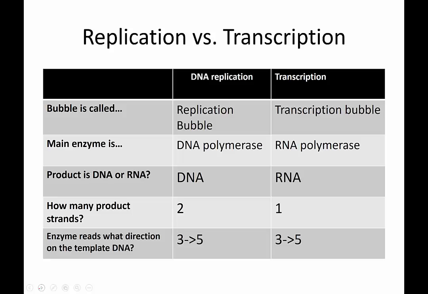So as you saw, DNA replication and transcription are very related. So in DNA replication, you have the replication bubble. In transcription, we have the transcription bubble. The main enzyme, as you know, in DNA replication is DNA polymerase. In transcription, we have RNA polymerase. Of course, the major product of DNA replication is DNA, and the major product of transcription is RNA.